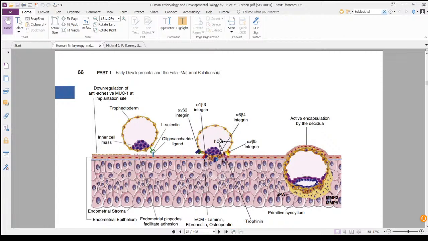That is why 100% of the time the attachment of the trophoblast occurs only at the animal pole, and that provides it the invasiveness after L-selectin and troponin are activated and attach to their ligands. Then it will invade into the epithelial lining of the endometrium and try to reach down into the connective tissue, the stromal cells of the endometrial lining of the uterus. That is what they try to achieve.